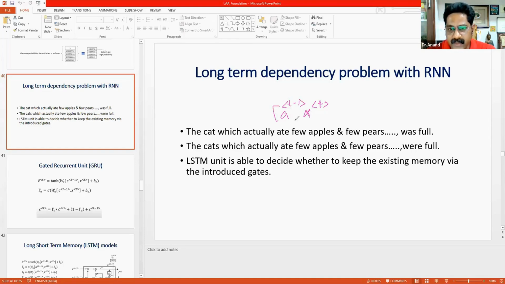Along with x of t, every time we append this, and we were using a common WA notation. We have taken WA outside, and we have appended this weight matrix also to comprehend it in an easy manner, mathematically or implementation-wise.